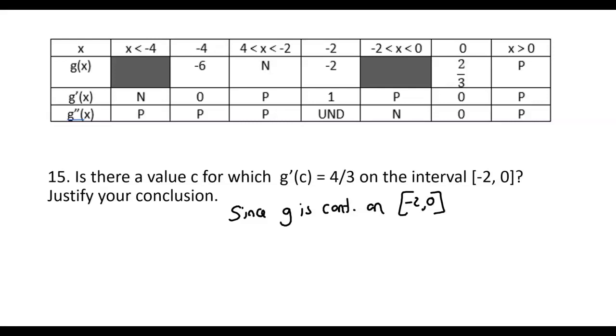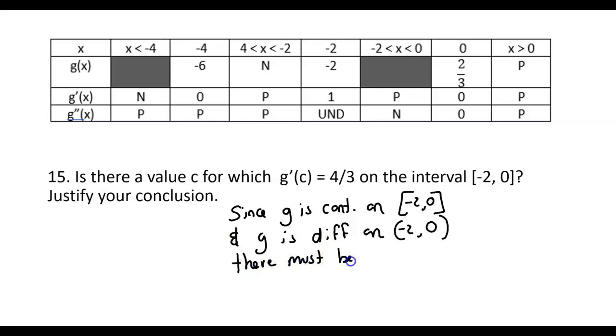So since G is continuous on that interval, and G is also differentiable on this interval, it's the same thing but with parentheses instead, there must be some value c such that the following occurs.